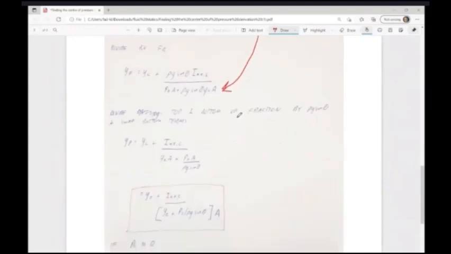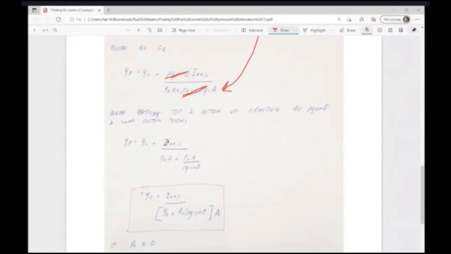If we then divide top and bottom of the fraction by rho g sine theta, we end up with this. Looking at our fraction, we divide through by rho g sine theta, that cancels with that, and then we also divide this last term by rho g sine theta.